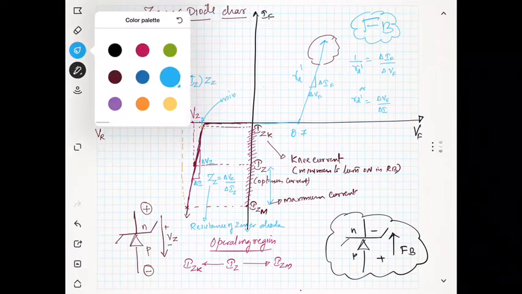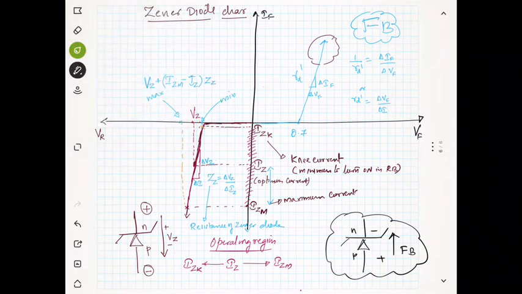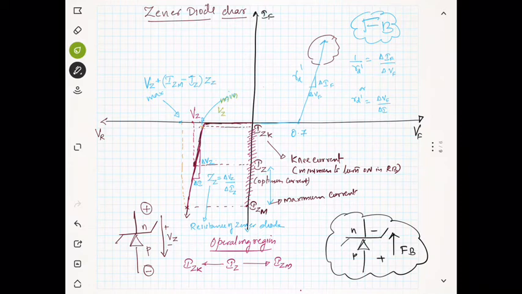The minimum point is nothing but this is the Vz you have, minus the difference in the current, which is Iz minus Izk, into Zz. So this is nothing but the minimum voltage.